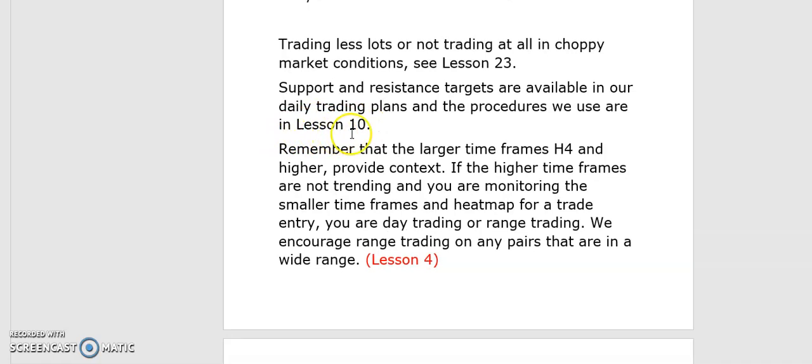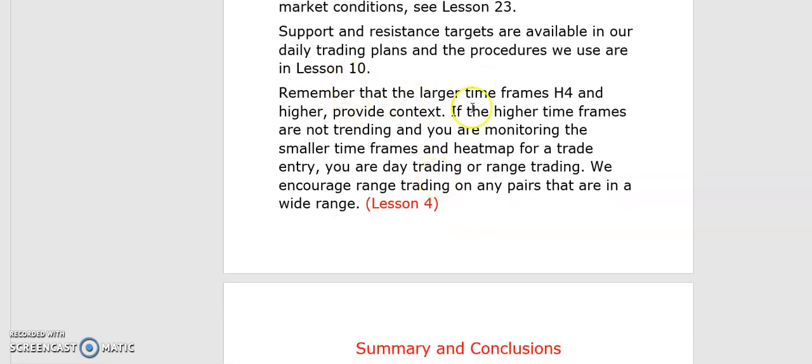Lesson 10 covers all of our support and resistance target information, and the Metatrader profiles will help with that also. The higher time frames provide the context. The lower time frames provide what's necessary for entering trades, along with support and resistance in the Forex heat map.